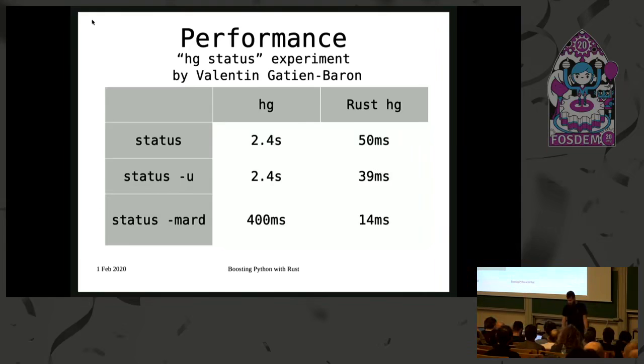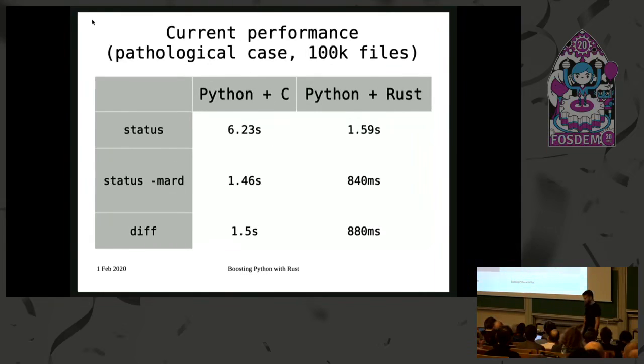So where are we now? I have two cases, the first one being a pathological case in our favor, something that favors the newer code. As you can see, the new code using Rust is faster by a good margin, which is nice, definitely.